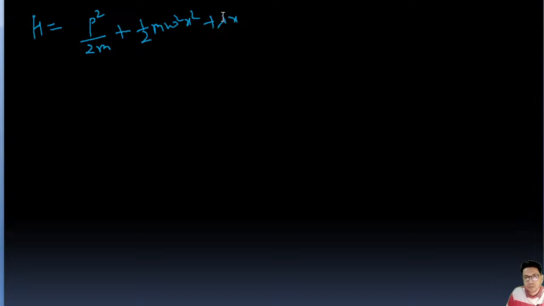So this means the potential energy is half m omega square x square and lambda x, right?